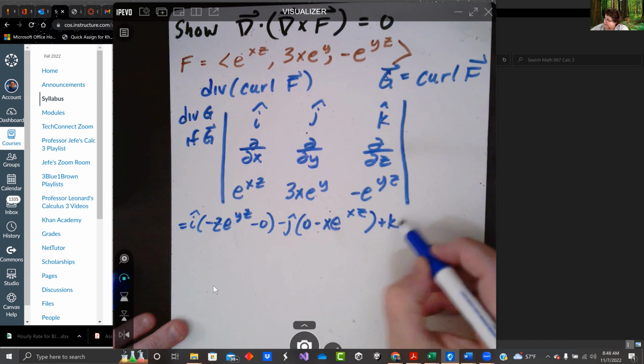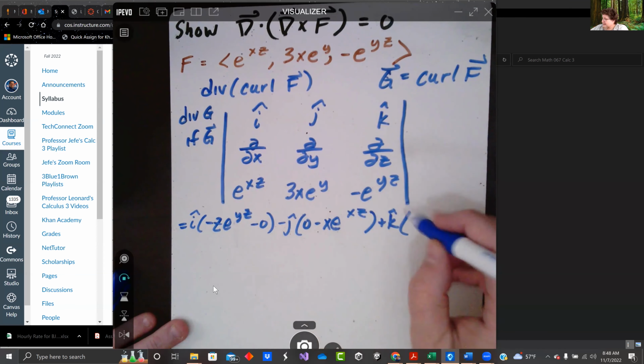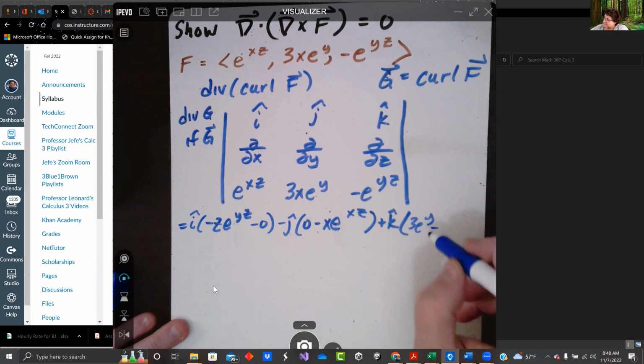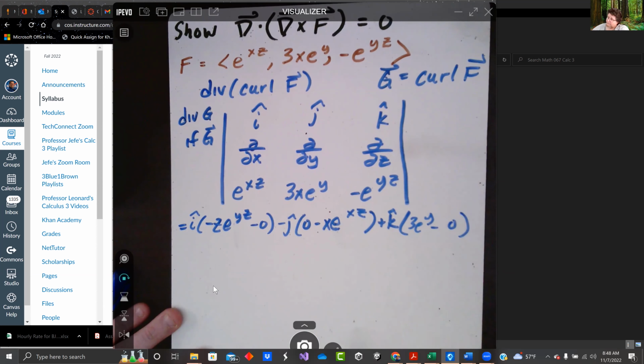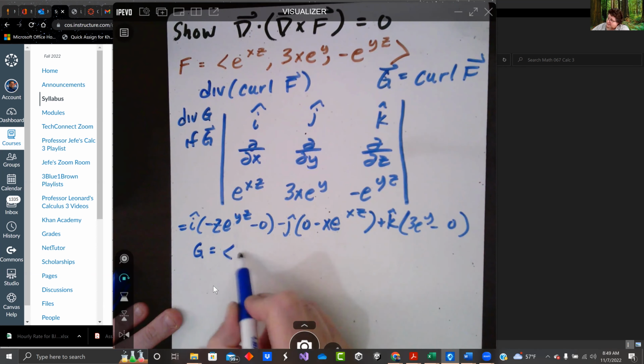And my k component: ddx of 3x e to the y is 3 e to the y. Then we subtract ddy of e to the xz, which is 0. So G is negative z e to the yz on i.